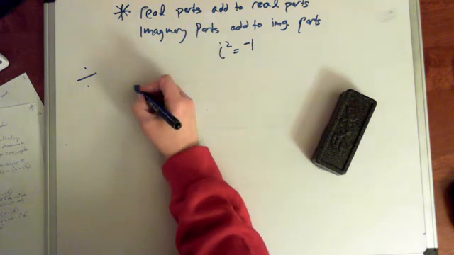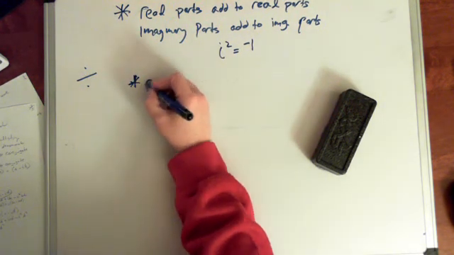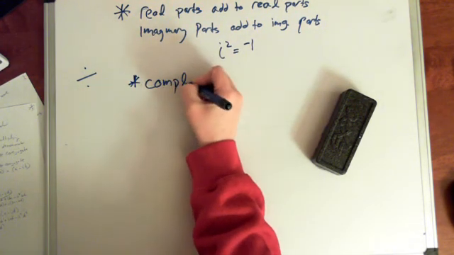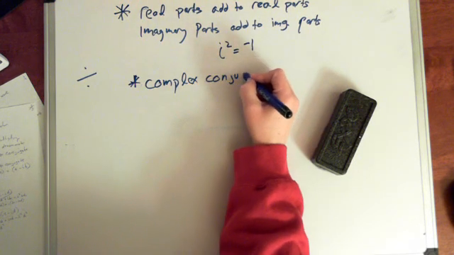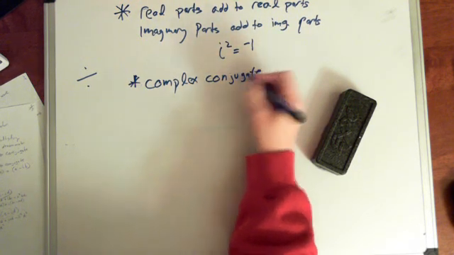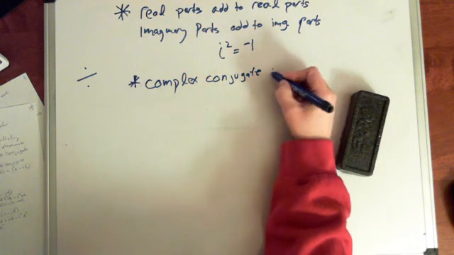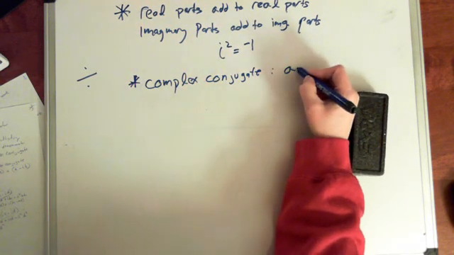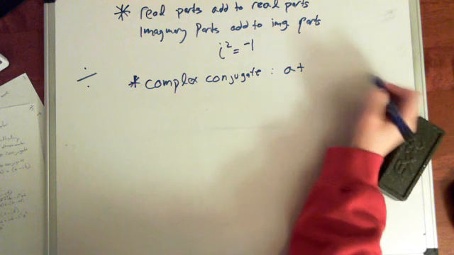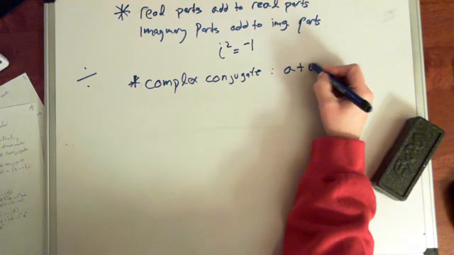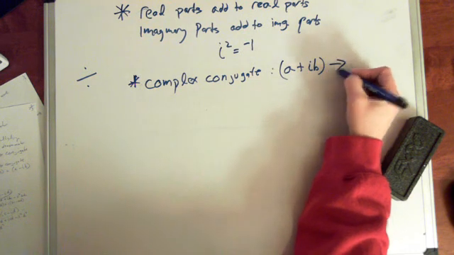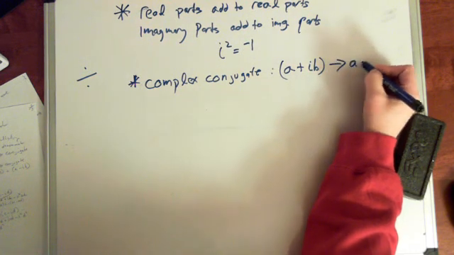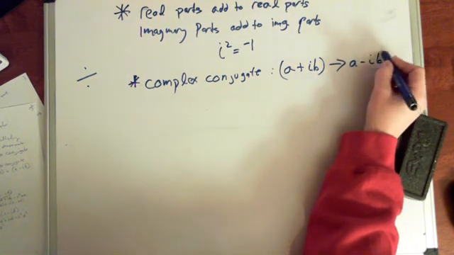The complex conjugate of a plus ib is actually a minus ib.